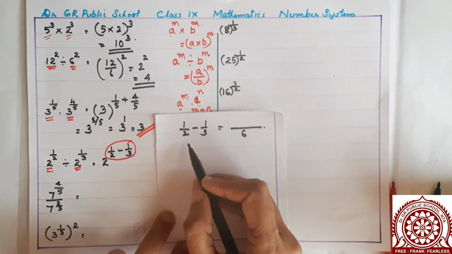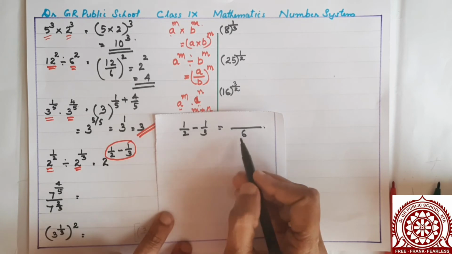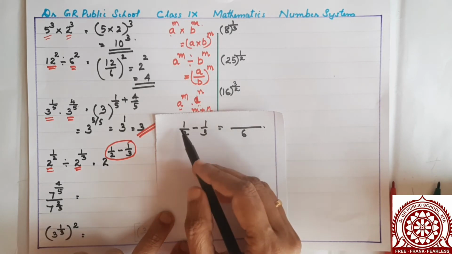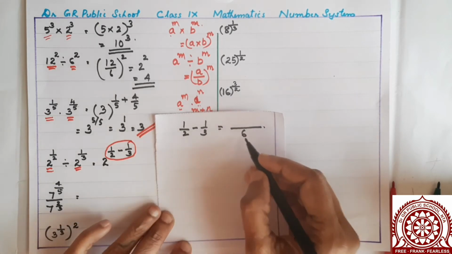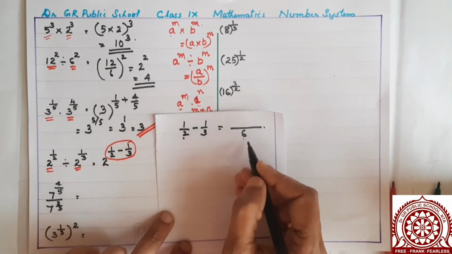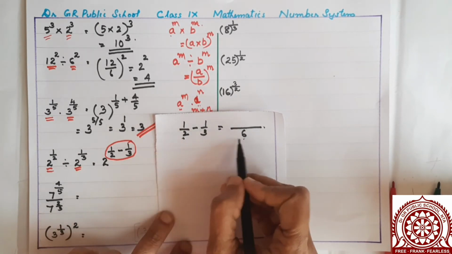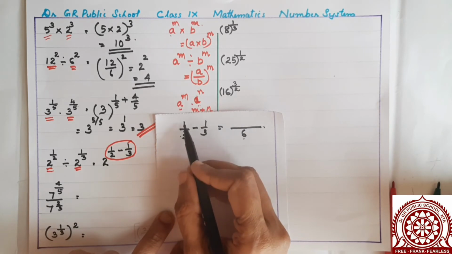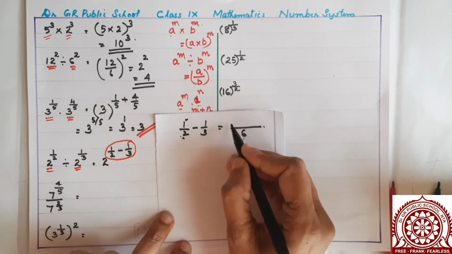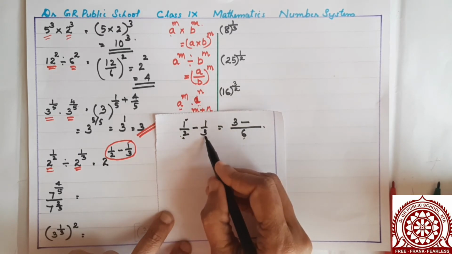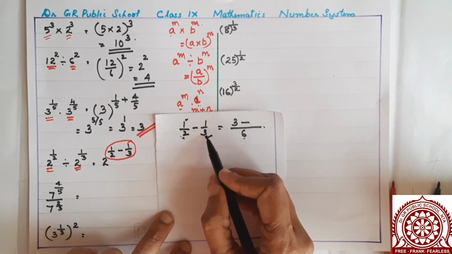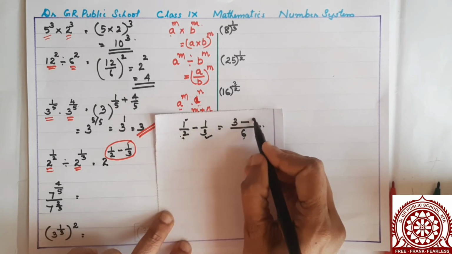Then the numerator. How will you get the numerator? You can do the simplification by cross multiplication, or 6 by 2. What is 6 by 2? 6 by 2 is 3. 3 multiplied by 1 is 3. Then minus 6 divided by 3, 2. 2 into 1 is 2.